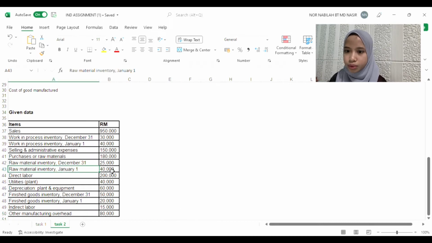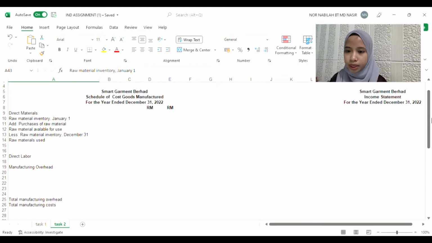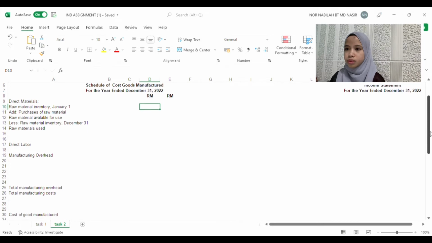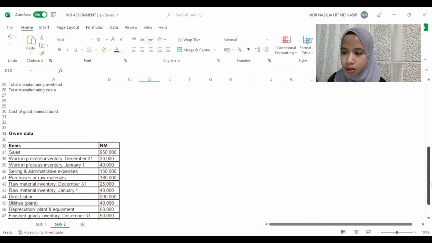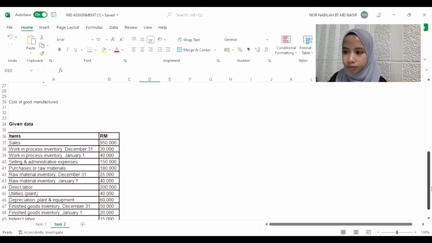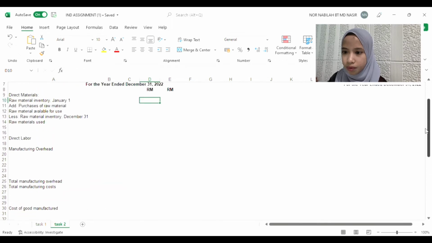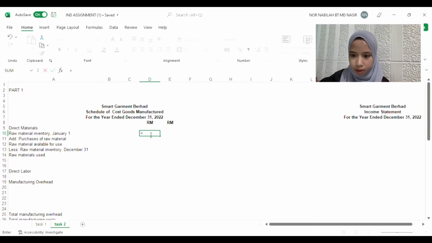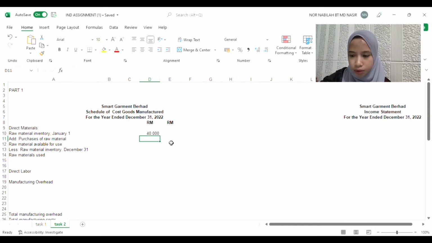So we have to take the information from the given data, and insert the cost and the items in the schedule of cost of goods manufactured. First of all, for direct material, raw material inventory for January 1 is 40,000.